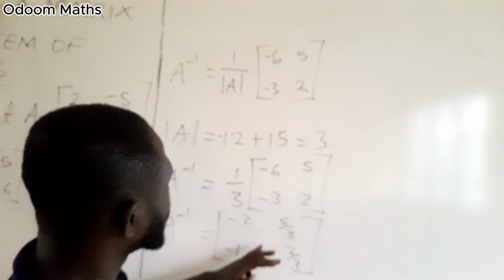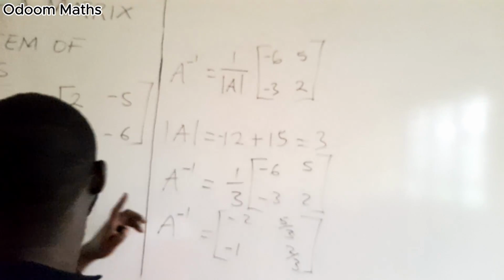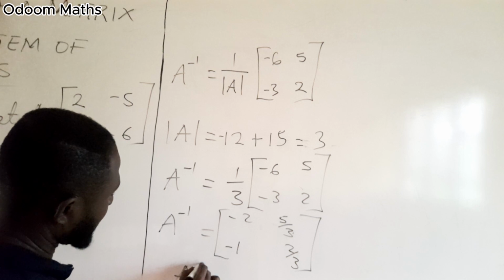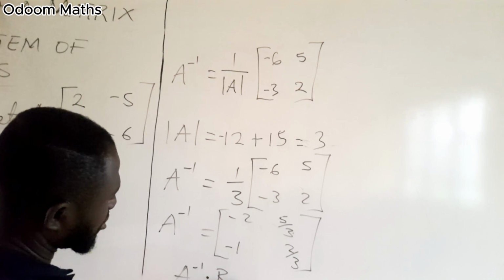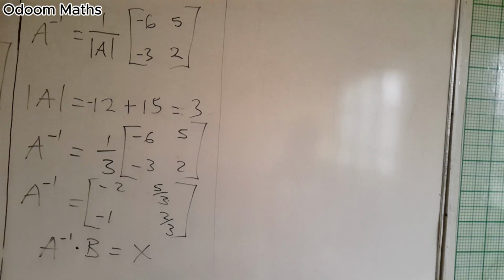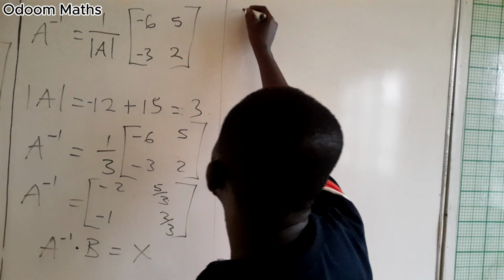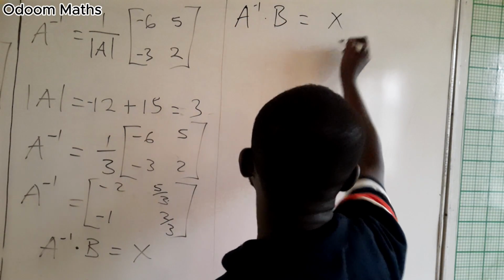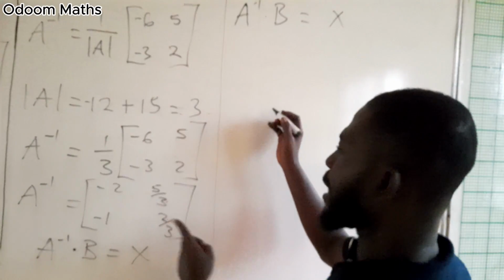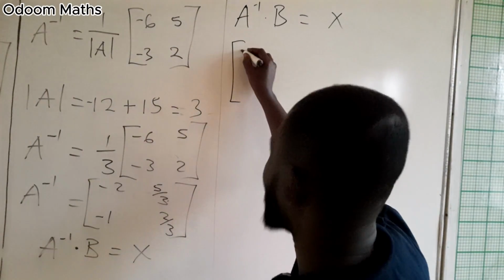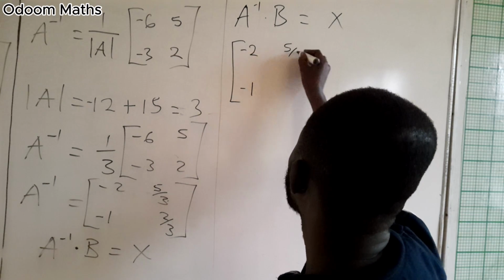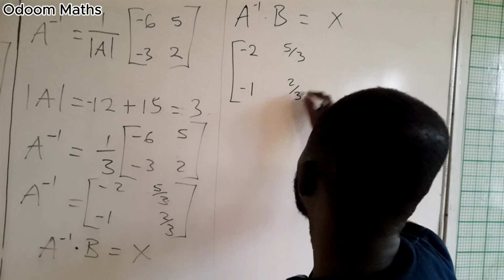So we need to multiply this by B, so A inverse times B will give us X. So for A inverse, we had negative 2, 5 over 3, negative 1, 2 over 3.